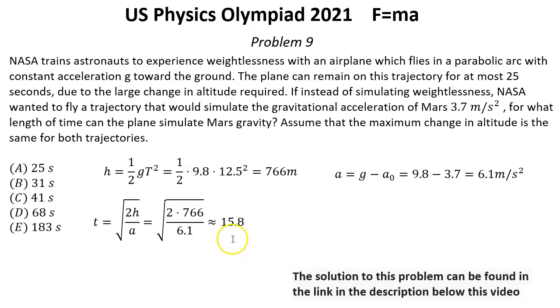So to move up we need 15.8 seconds. And we have to double this time for motion up and down, which gives us approximately 31.6 seconds. This answer is closest to answer B, 31 seconds. And that was the solution for problem number 9.